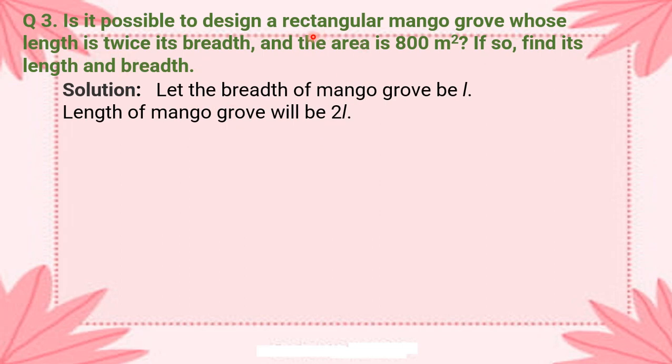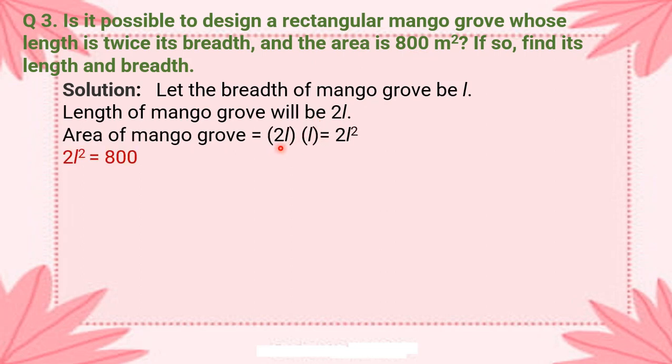Now this is the rectangle given here, and its area is given as 800 meters square, and we know that the area of a rectangle is length into breadth. That means 2L into L is equal to 2L square.